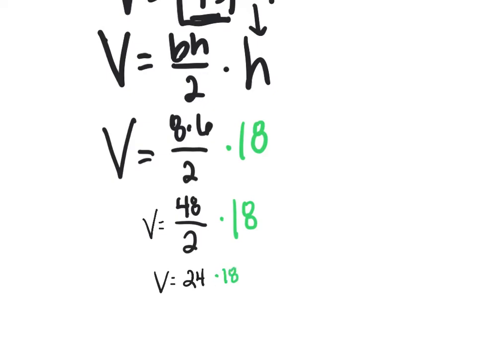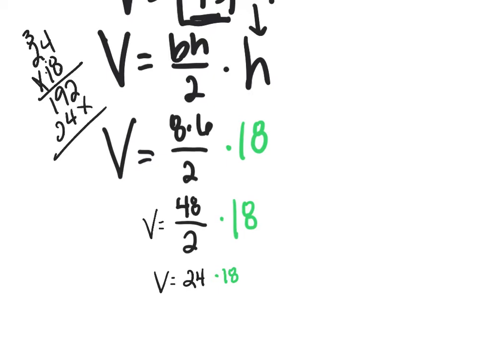Okay, 24 times 18. We're going to have to come over here and do that math. I don't know that off the top of my head, do y'all? Oh, y'all do. Sweet. 432? Yeah. Awesome. Okay, so the volume is 432.